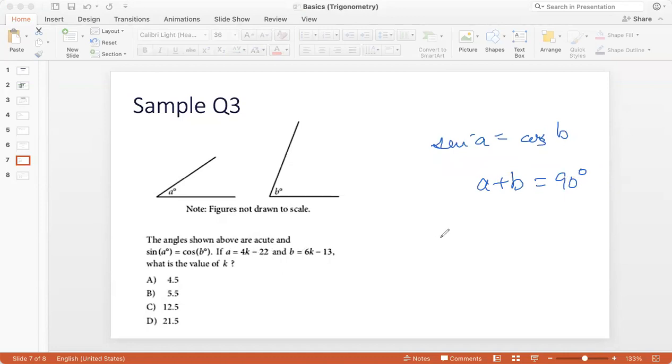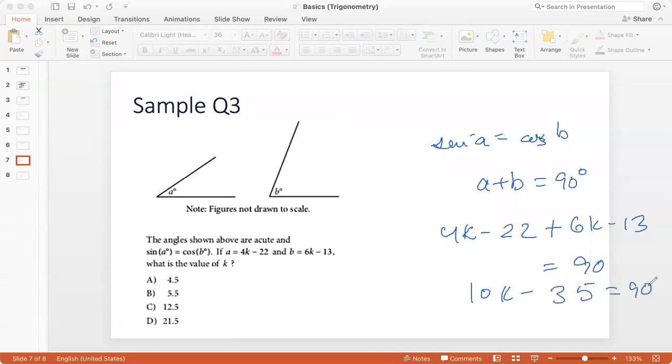If A is 4K minus 22 and B is 6K minus 13, then what is the value of K? So 4K minus 22 plus 6K minus 13 would have to be 90 because A plus B would be 90. So 10K minus 35 is 90. So 10K is 125. So K is 12.5. So the value of K is 12.5.